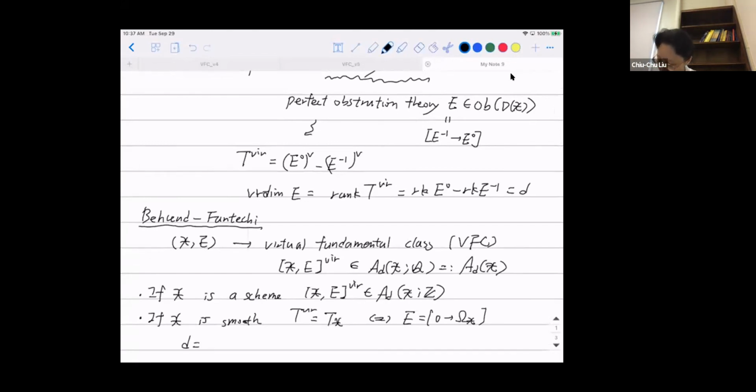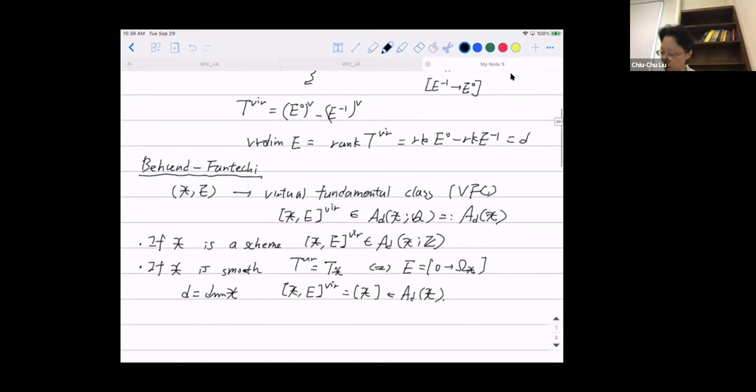And this D is the dimension of X. In this case, this construction will give us the usual fundamental class. So that's why it is called the virtual fundamental class.